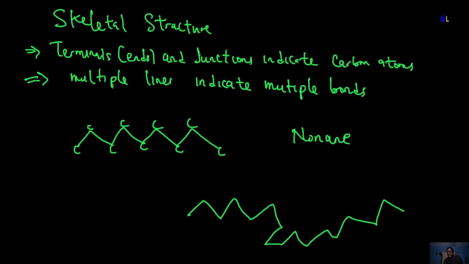It looks like madness, but the basic principle is junctions and terminal points represent carbon atoms. This is quite easy to understand, so please do this. We'll move into more important things. This is important though, but there are other things we have to discuss.